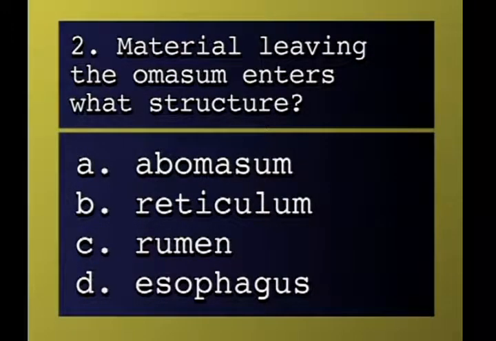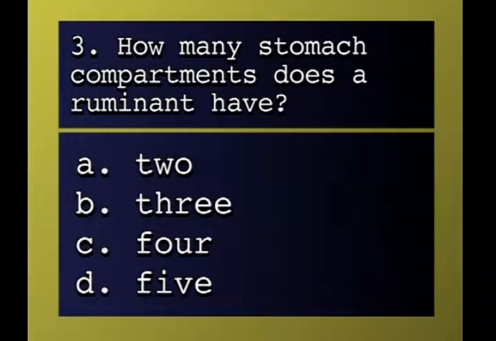A, abomasum, B, reticulum, C, rumen, D, esophagus. How many stomach compartments does a ruminant have? A, 2, B, 3, C, 4, D, 5.